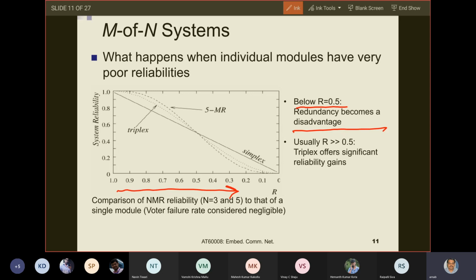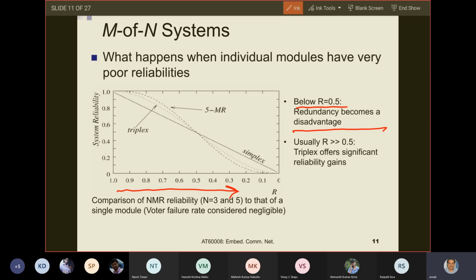What is the effective reliability of a 3 of 5 system, and of a 2 of 3 system, for different values of individual component reliabilities? When the individual reliability is 1, the overall reliability is very high. When it is 0.9, 0.8, and so on.